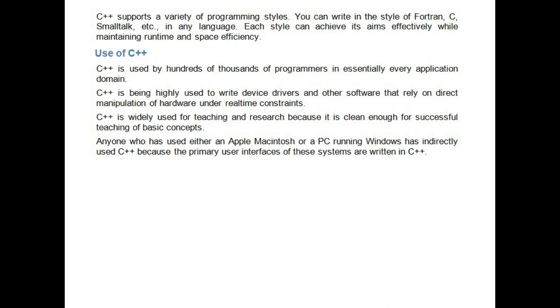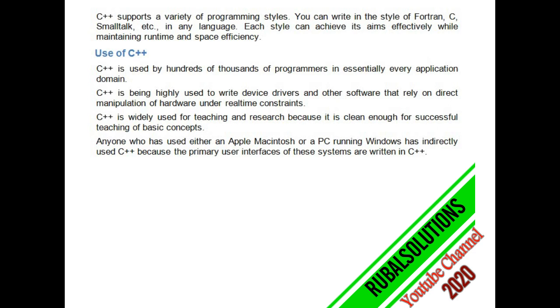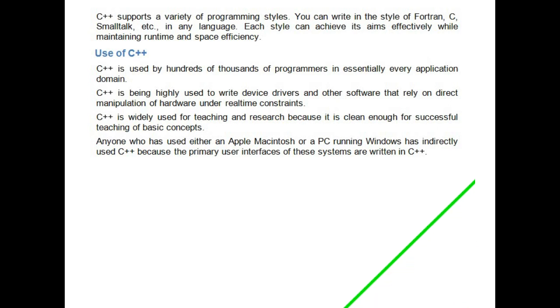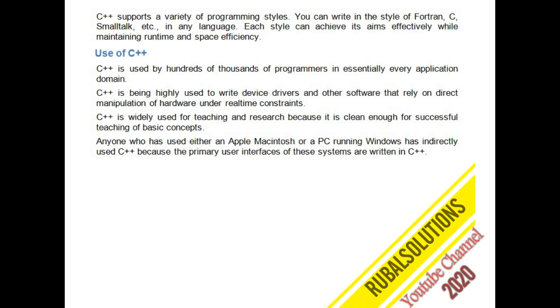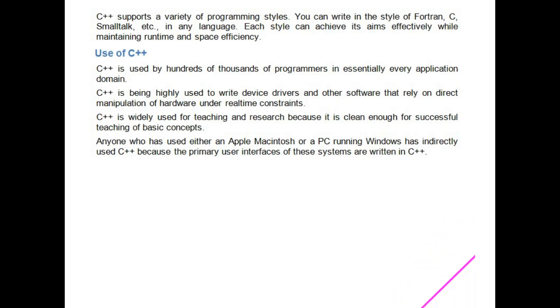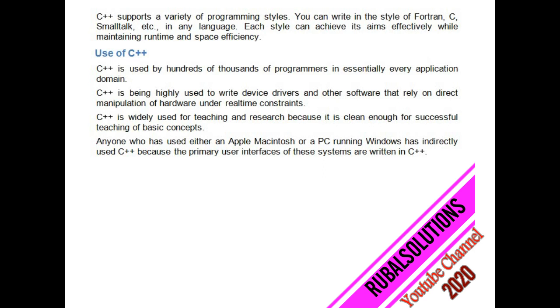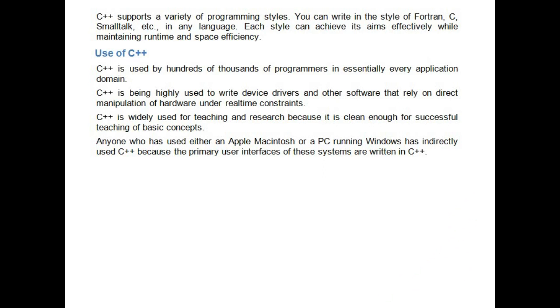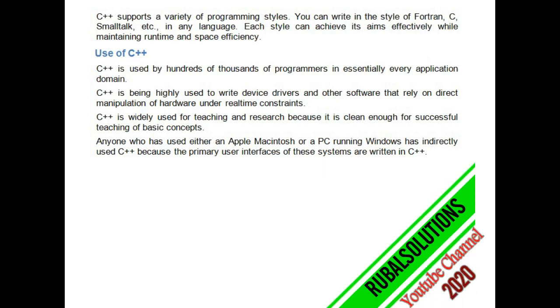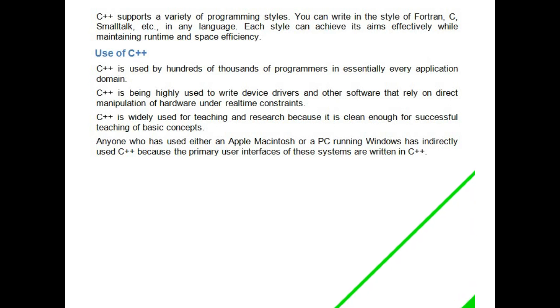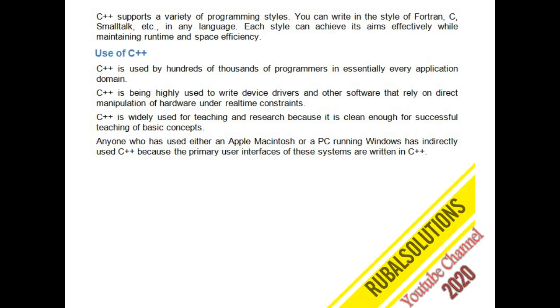Now the uses of C++. C++ is used by hundreds of thousands of programmers in essentially every application domain. C++ is highly used to write device drivers and other software that relies on direct manipulation of hardware under real-time constraints.